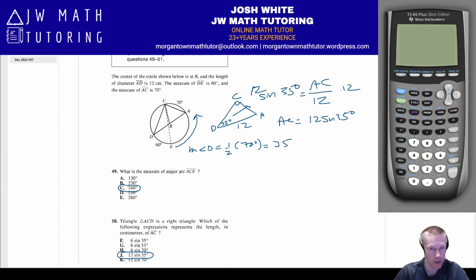Basically, notice that right now, CE is not a diameter because it does not go through the center. And the diameter is always the longest chord in a circle. Any other chord which is not the diameter is going to be shorter than it. So right now, CE is not a diameter, so it's less than it.